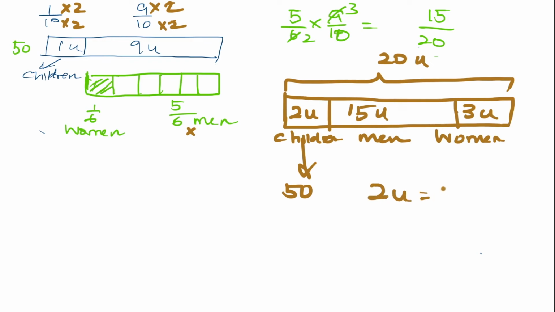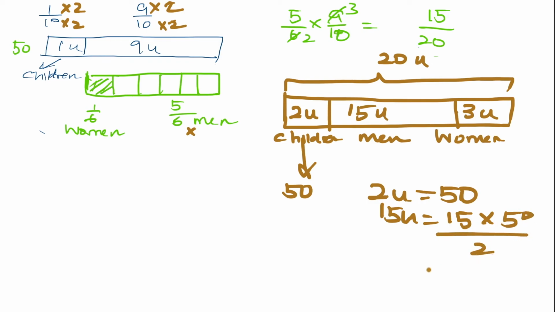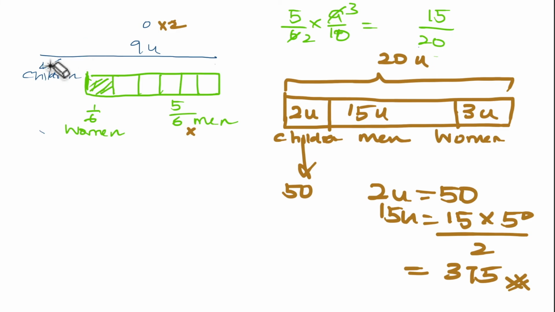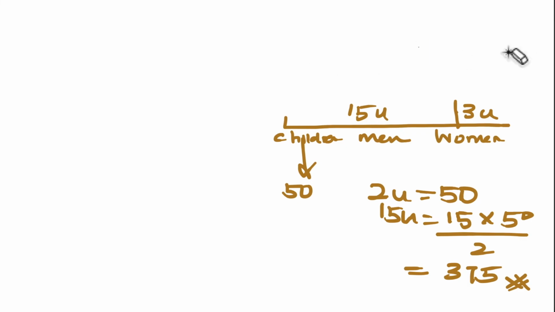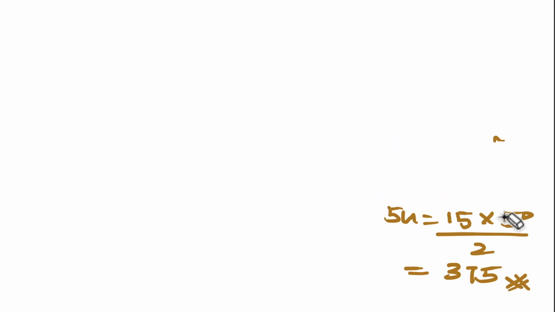If 2 units equal 50 children, 15 units will be equal to 15 times 50 divided by 2. So I will have 375 men. Okay?